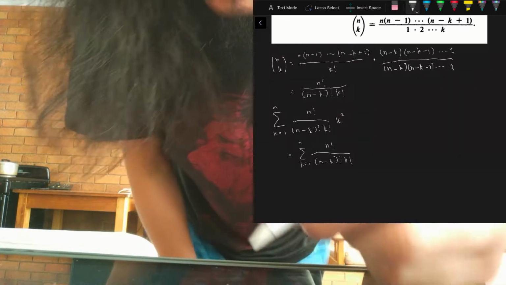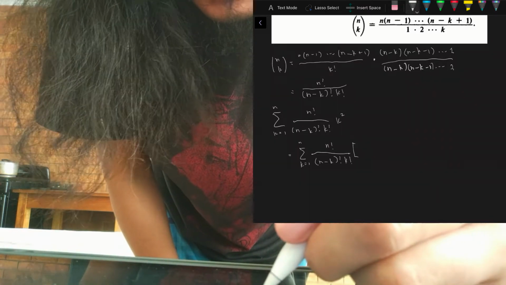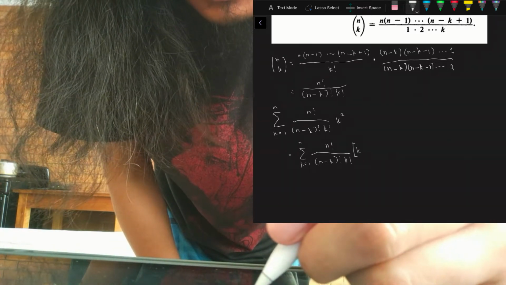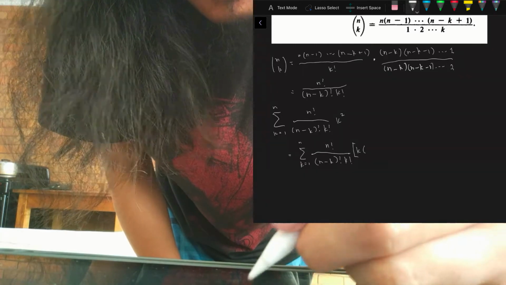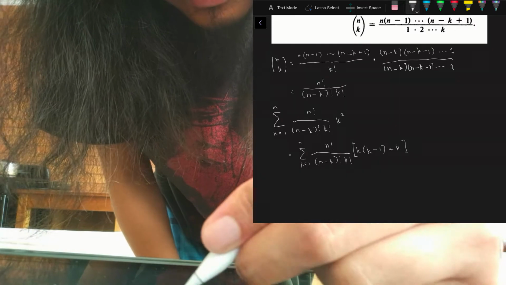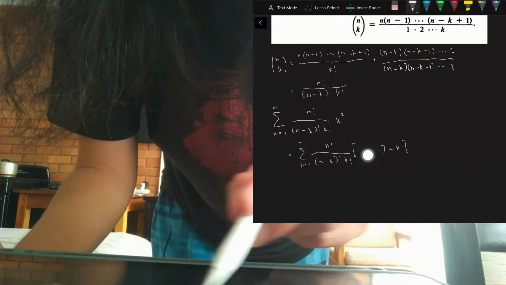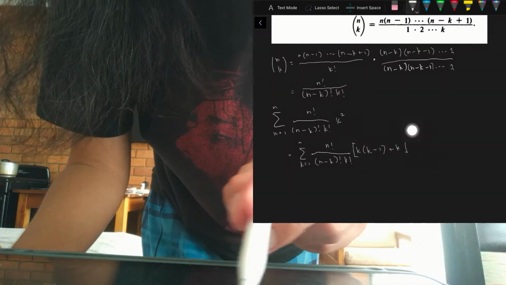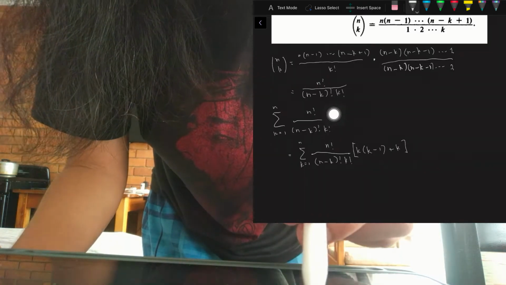So your k squared, you can write it as, so this is like a pro move right here, you can write that as k times, let me see, k minus 1 plus k. Okay, so note that when you expand this term in the square bracket, k times k minus 1 plus k, that's just k squared, correct?